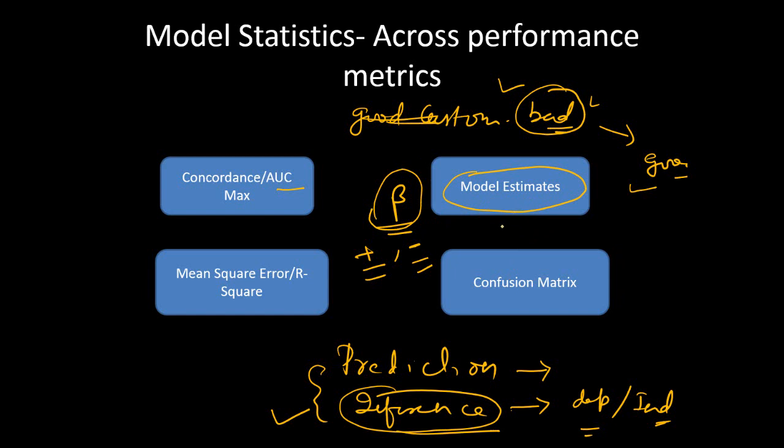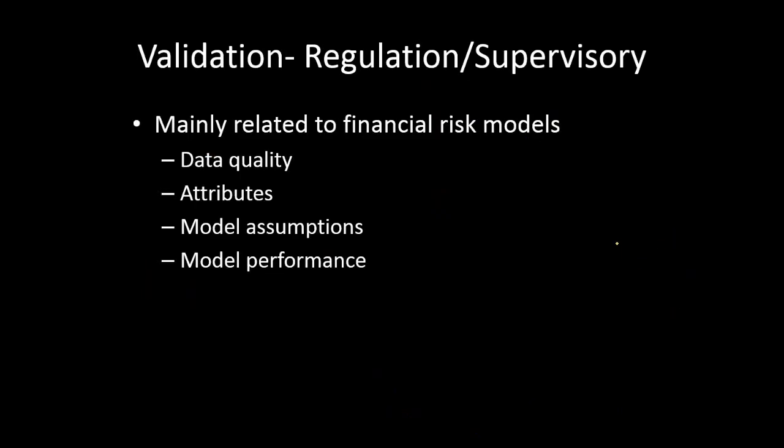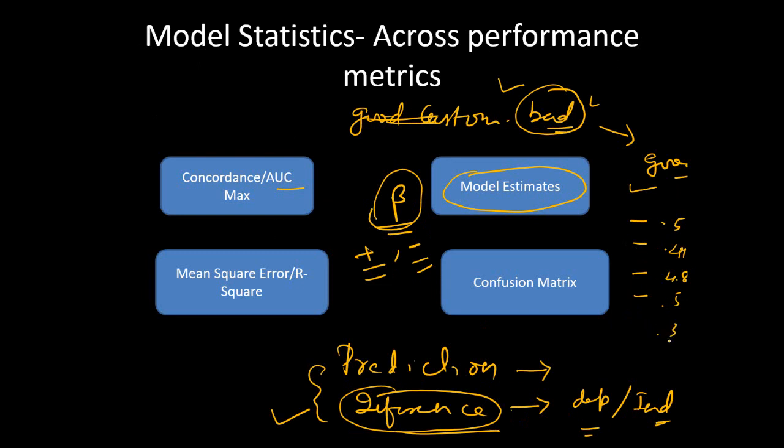Like if you have taken a number of holdout samples, the beta values should be similar, right? If it is negative in one sample, it should be negative in the second sample, third sample, and so on. If it is 0.5 in the first sample, it should be somewhere like 0.5, 0.49, 0.48, 0.51, something like that. Should not be like 0.3 all of a sudden. Then there is something wrong with the model, right?